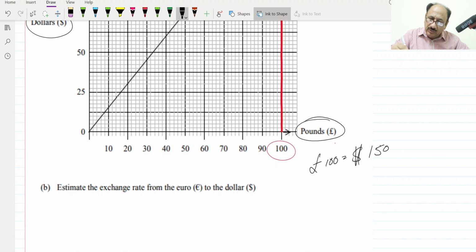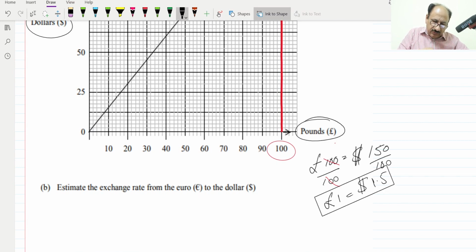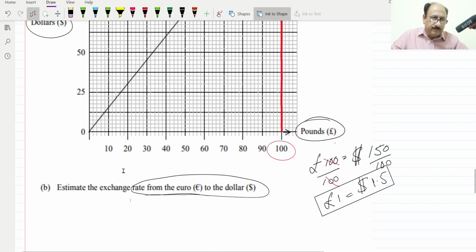So from here we can identify that pound is a heavier currency than dollars, and we can convert, for example, divide both sides by 100, and after cancellation we will get 1 pound is equal to $1.5 US dollars. So this is the conversion which we got, and now they are saying estimate the exchange rate from euro to dollars. From euro to dollars we have to estimate this.